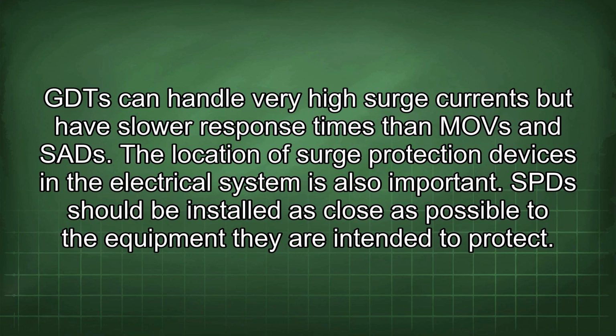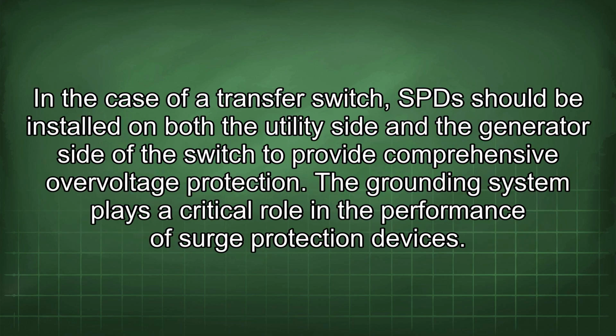GDTs can handle very high surge currents but have slower response times than MOVs and SADs. The location of surge protection devices in the electrical system is also important. SPDs should be installed as close as possible to the equipment they are intended to protect. In the case of a transfer switch, SPDs should be installed on both the utility side and the generator side of the switch to provide comprehensive overvoltage protection.